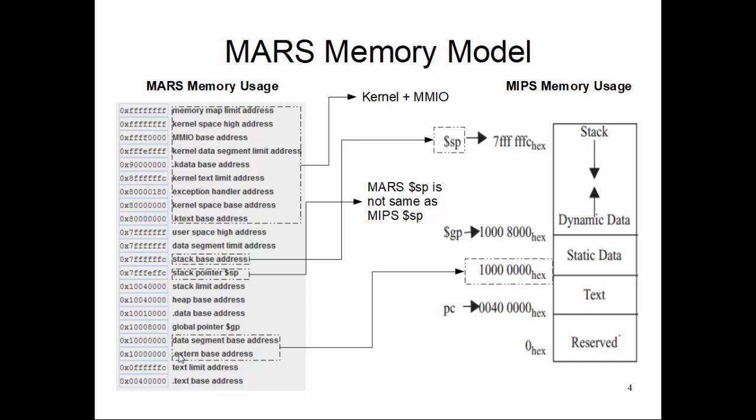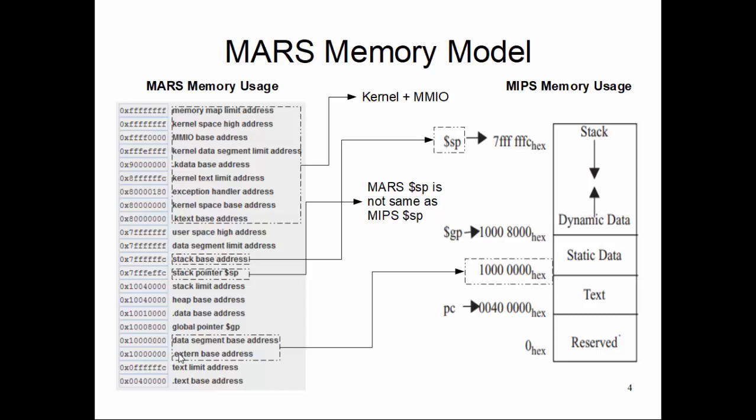We'll see extern later when we deal with global variables, but keep in mind that both the extern base address and the data segment base address have the same address value, pointing to 100,000, similar to what MIPS memory usage suggests.